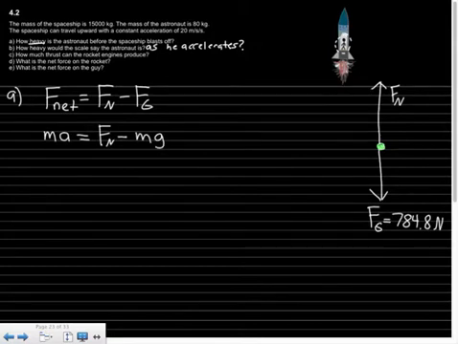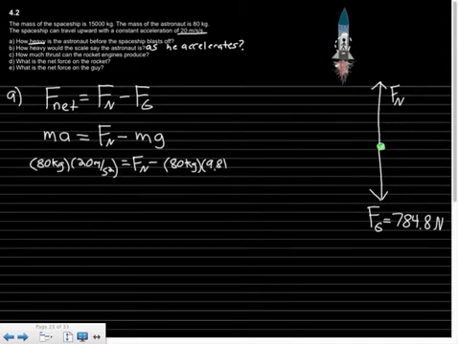So the net force is going to be 80 kilograms times the actual acceleration, which is 20 meters per second squared. And that's going to equal the normal force minus the mass of the guy, which is 80 kilograms, times 9.81. And I made it positive because I've already accounted for the direction with the negative there.